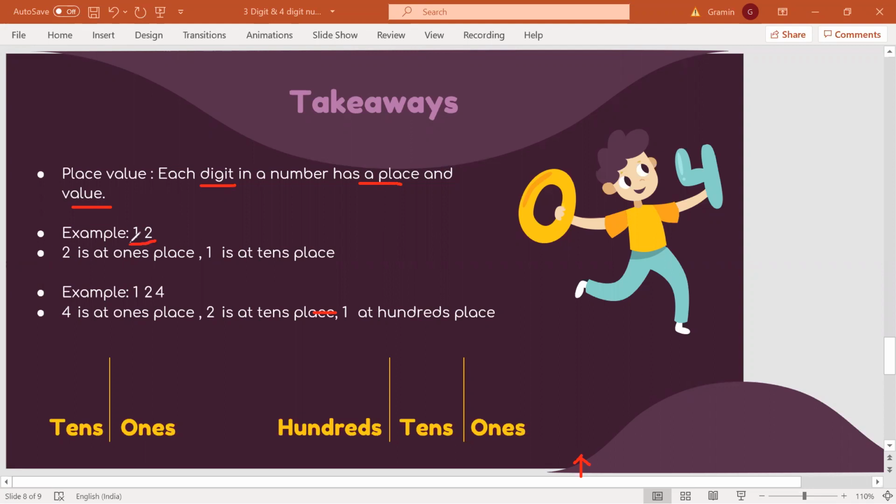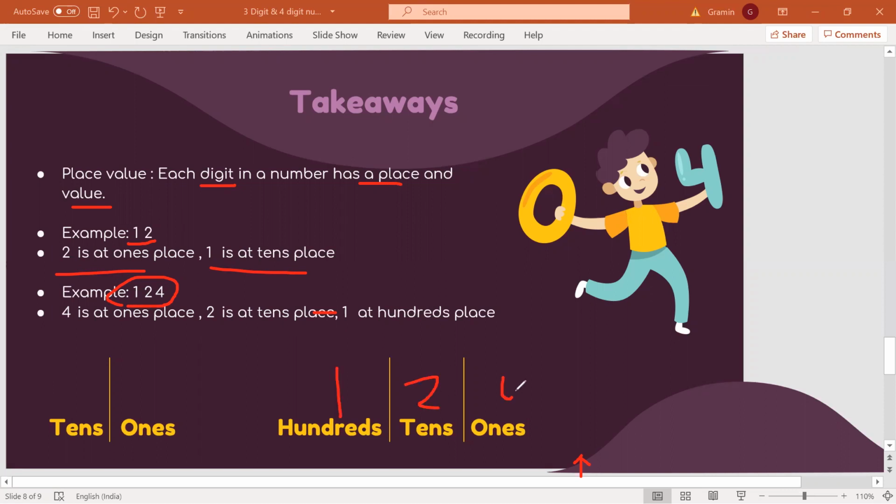For example, in number 12, 2 is at 1's place and 1 is at 10's place. So 2 is the digit and 1 is a digit with 10 as its place value. For the number 124, 4 is at 1's place, 2 is at 10's place, and 1 is at 100's place.